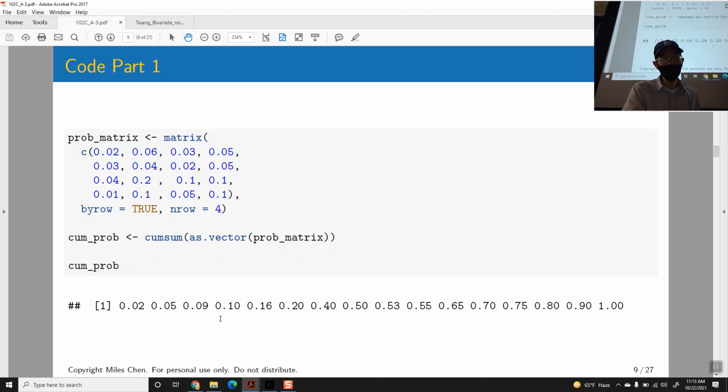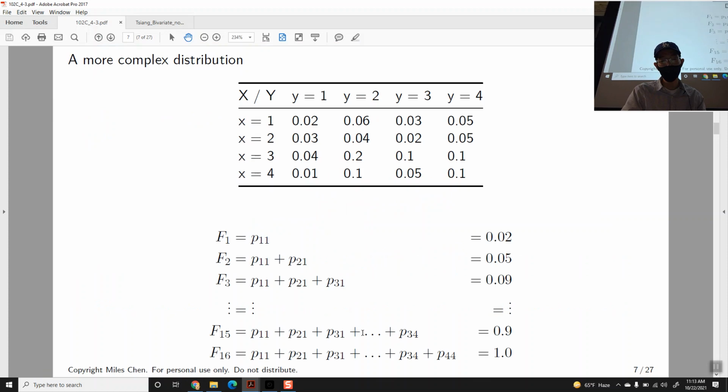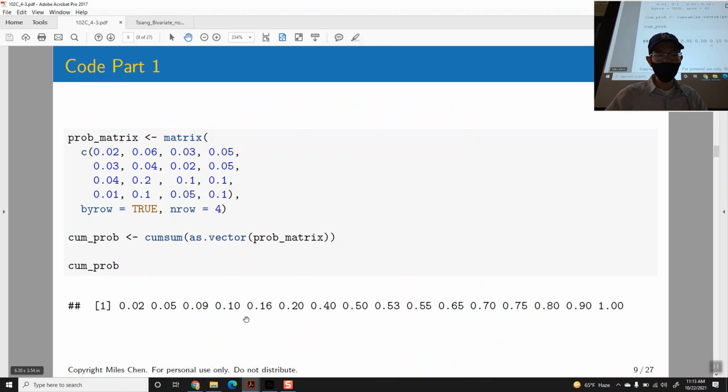And so we could see this vector, 0.02, 0.05, 0.09, 10%, and so on, aligns with the column of values that I produced here. Although I just skipped a few as far as this slide goes, we could see that these values would align down the column until we get to the end, 90% and 100%. Is that okay? Do we see that?